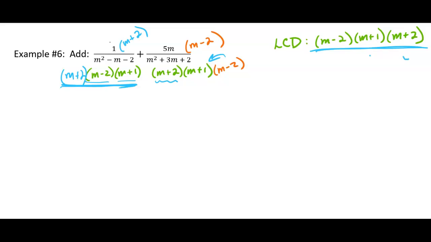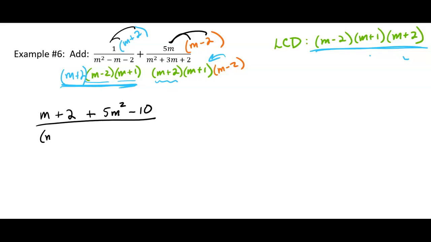But if I distribute the 1 here, I'd have m plus 2. Plus, and this is addition, I'm going to have 5m times m, 5m squared, and 5m times m minus 2, so minus 10, over that LCD.